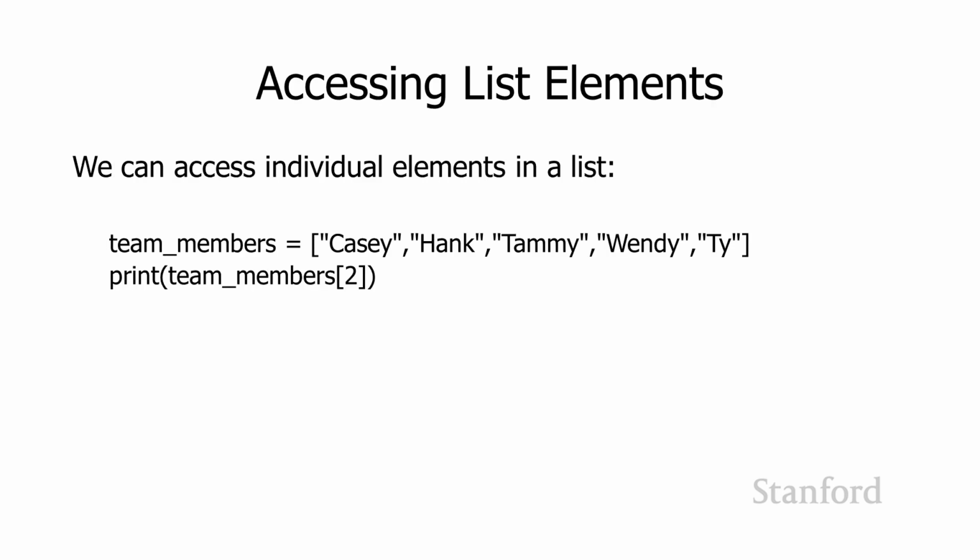We can access individual items in a list using another square bracket notation. If I have the name of a list, followed by a square bracket, followed by the particular index number of the item in the list that I want to access, this will allow me to access an item in the list. So in this case, I'm accessing the number 2 item in my team member list.